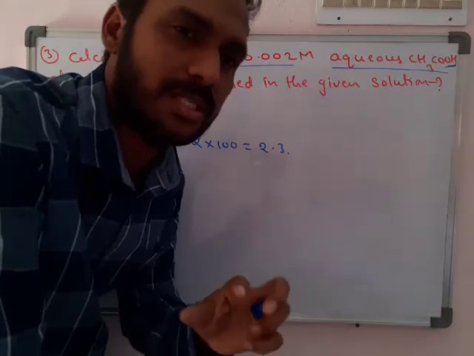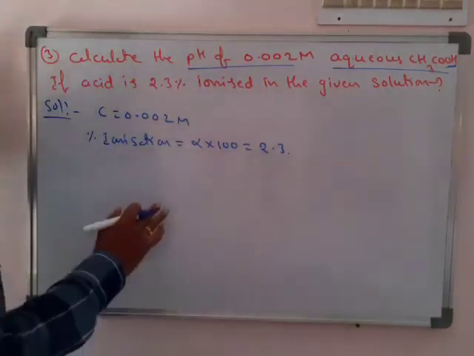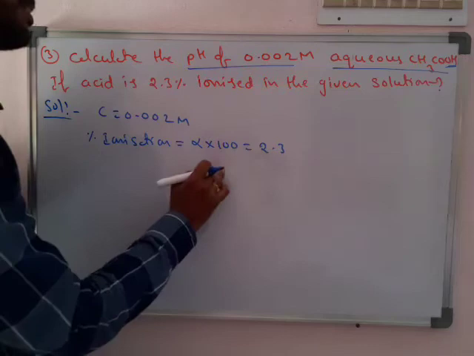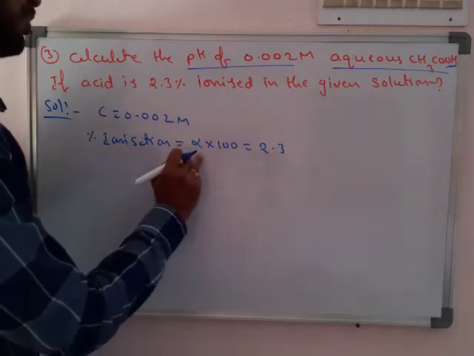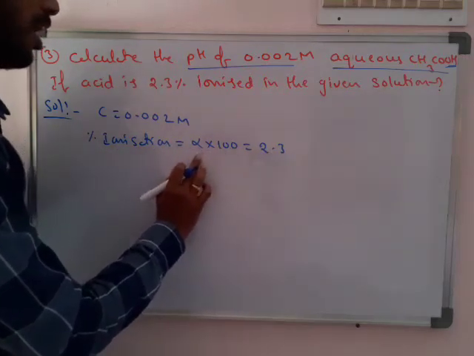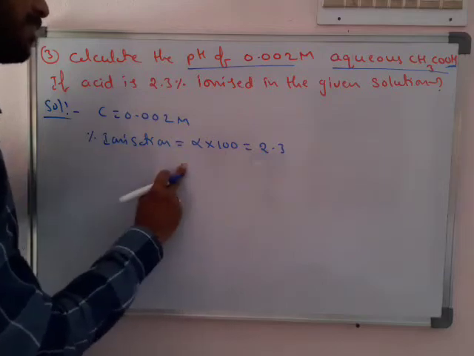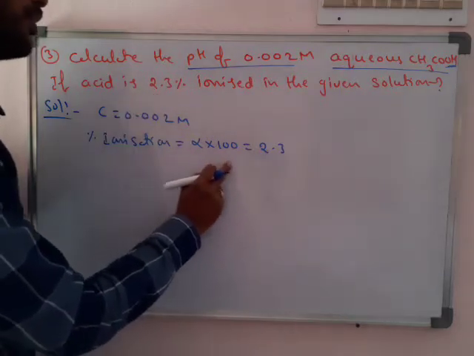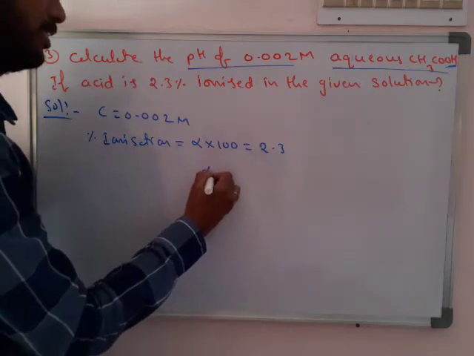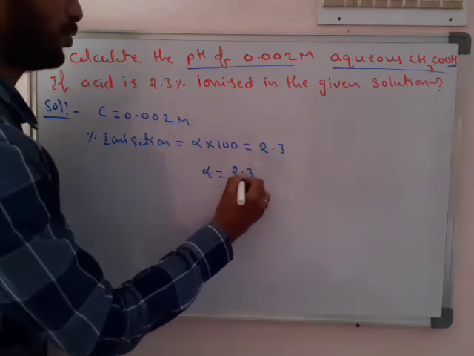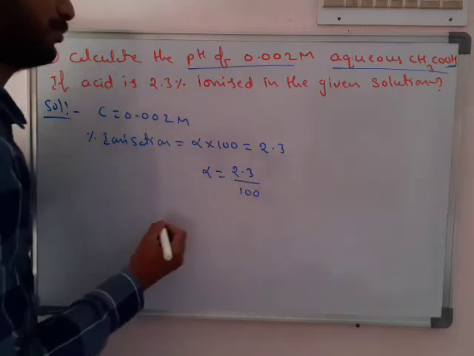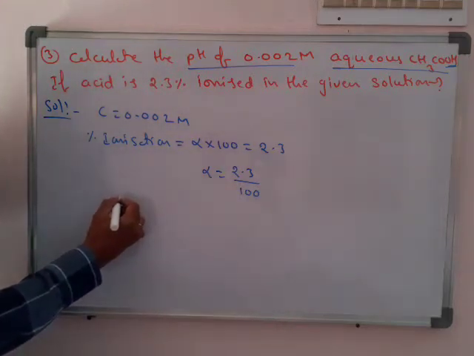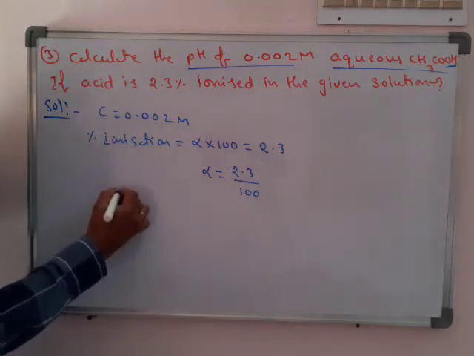So already we know in the formulas, alpha into 100 equals percentage dissociation. Here it is given, so alpha into 100 is 2.3. So what is alpha? 2.3 by 100. So what we have to find?